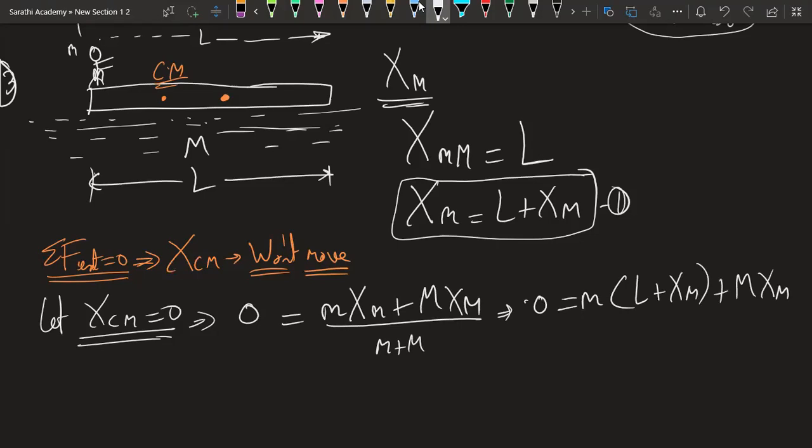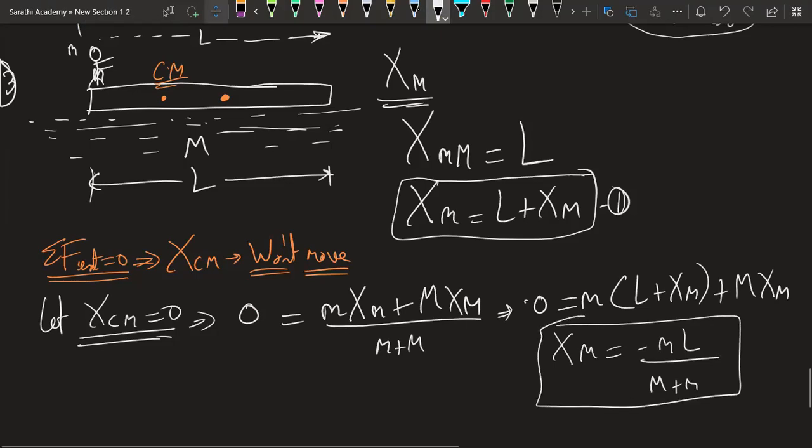Solving this, displacement of plank equals minus mL by capital M, which is your answer. This step is the crux of the question: whatever data is given, you express properly and you'll get the answer.